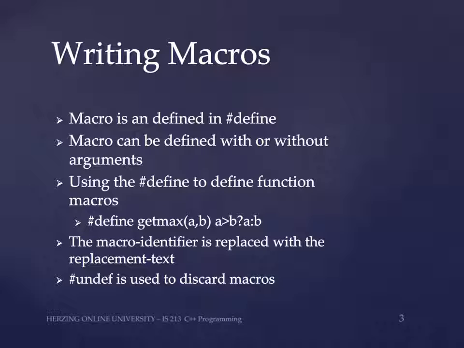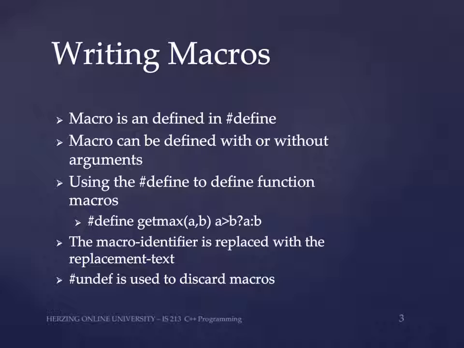So the define directive can work with parameters to define function macros, as you can see in this macro definition to get the max of two numbers a and b. So you have define getmax(a,b) a greater than b, question mark a, colon b. So that's how you define a macro that gets the max between two numbers.